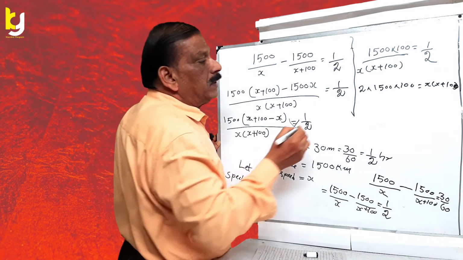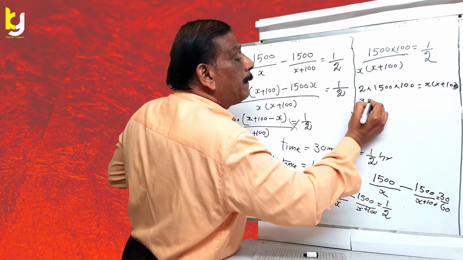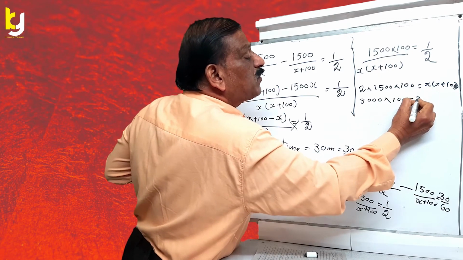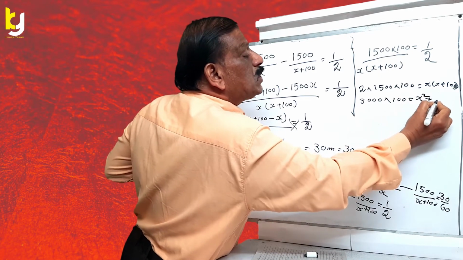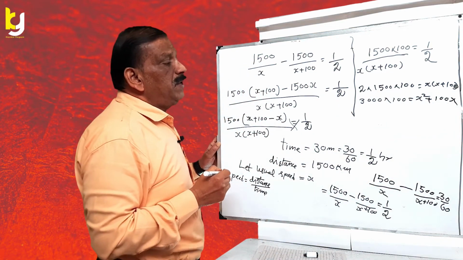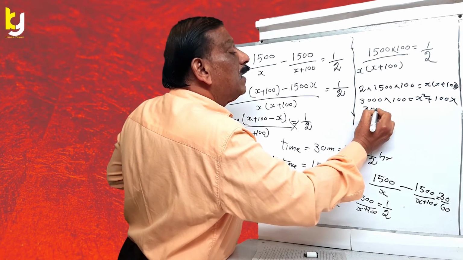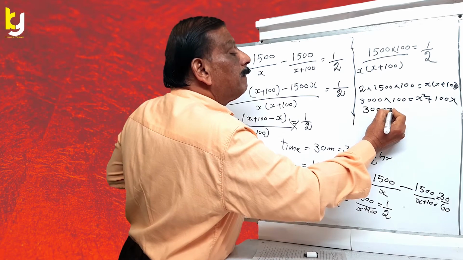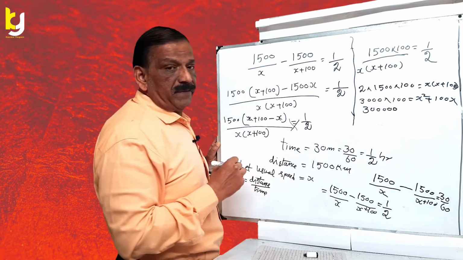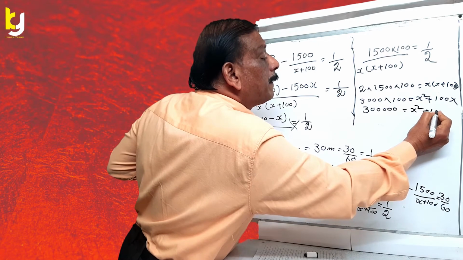Clear? 1500 into 2, that is 3000, into 100 equal x into x square plus x into 100x. Clear? That is 3000 into 100, 3 lakhs equal x square plus 100x.